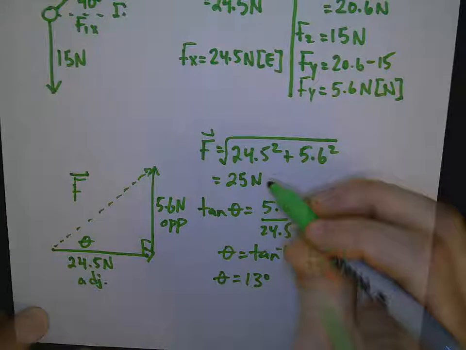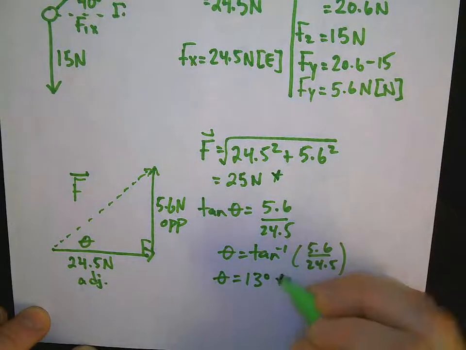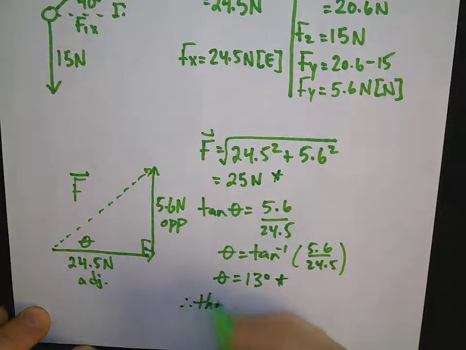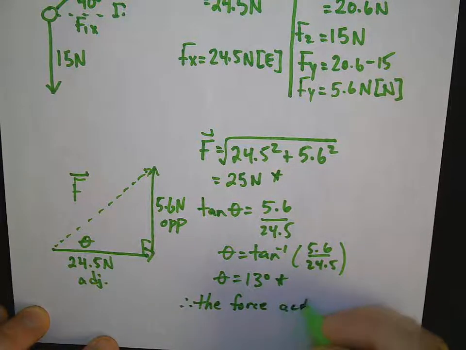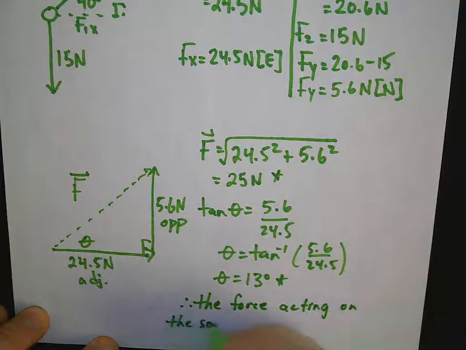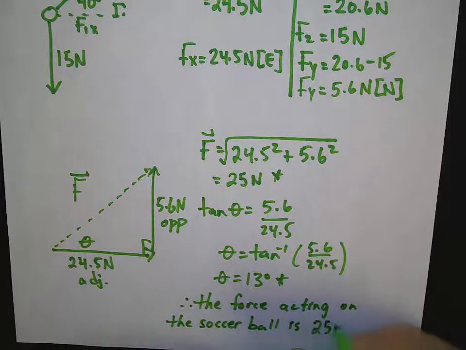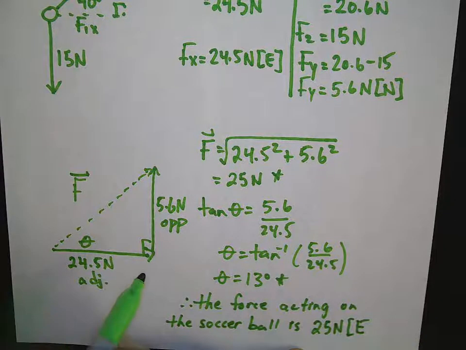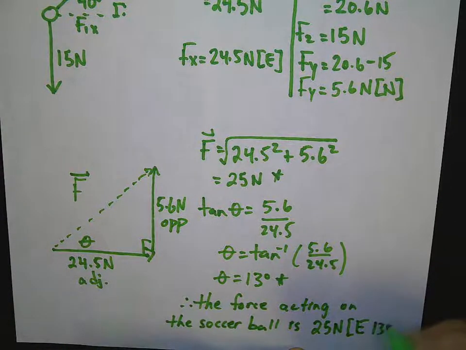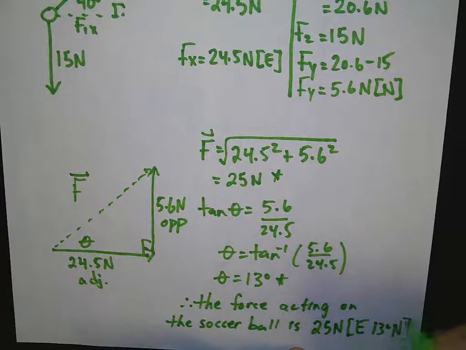So here are my two pieces of information. Therefore, the force acting on the soccer ball is 25 newtons east, 13 degrees north.